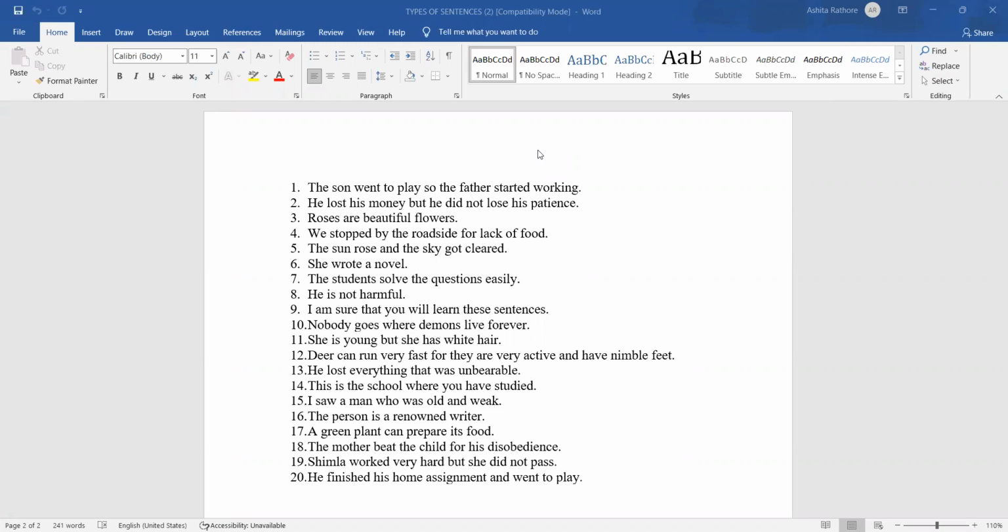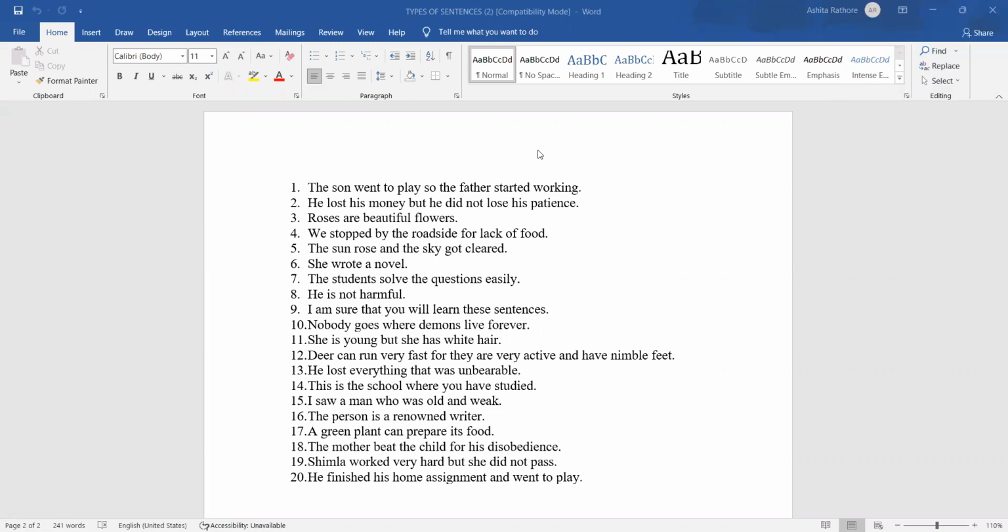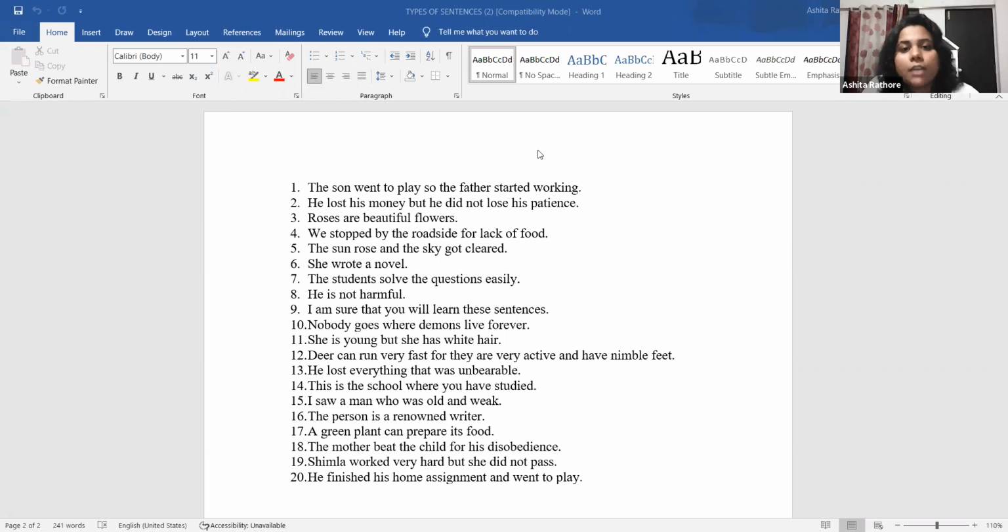Ma'am, I think it will be a compound sentence. Why a compound sentence? Ma'am, because for a coordinating conjunction is used, and if we remove for, the sentences don't make sense independently. अगर for हट जाता है तो क्या lack of food is creating a dependent clause?